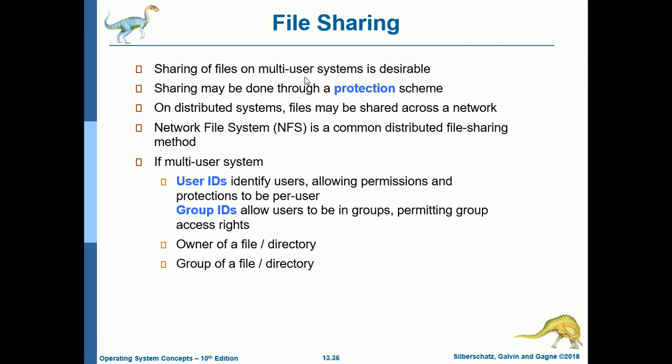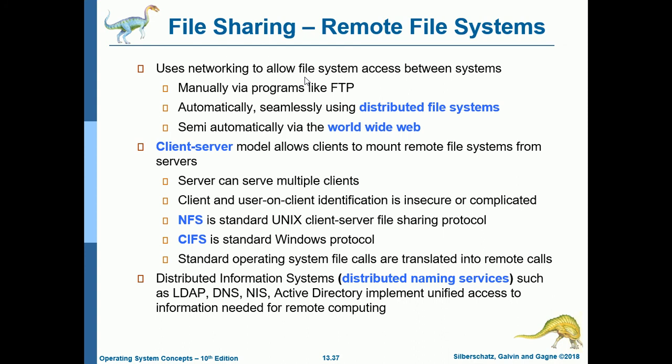This can be shared. So file sharing in remote file systems uses networking to allow file system access between systems: manually via programs like FTP, automatically and seamlessly using distributed file systems, and semi-automatically via the World Wide Web.